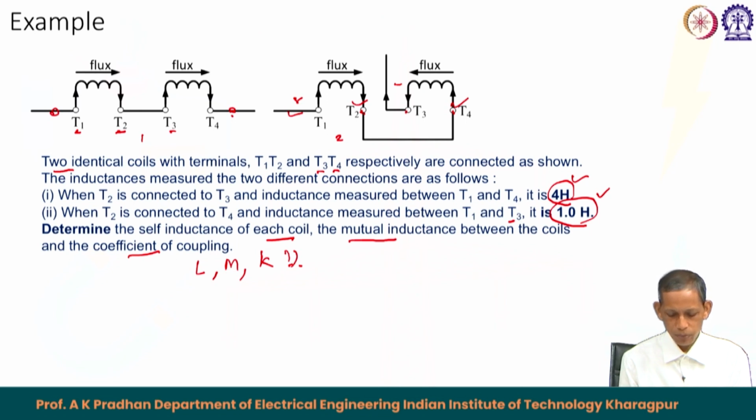In the first connection we are getting the higher inductance for the combination, and in the second case we got the lower one.